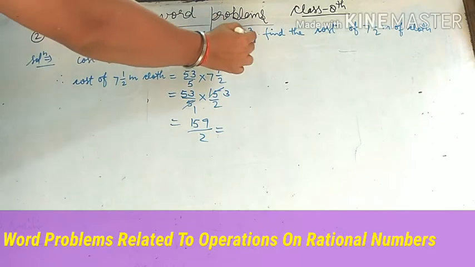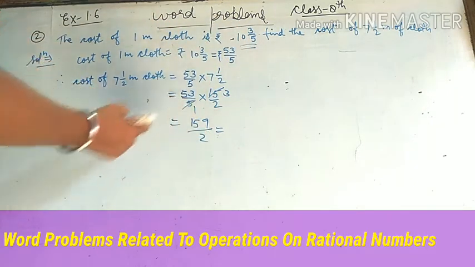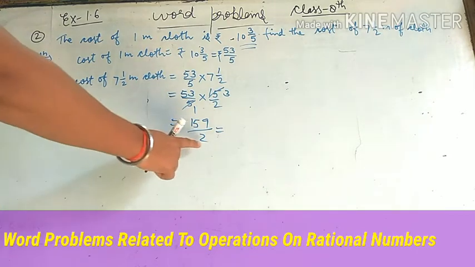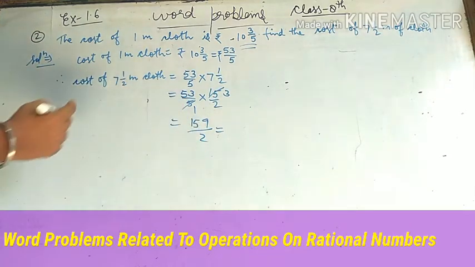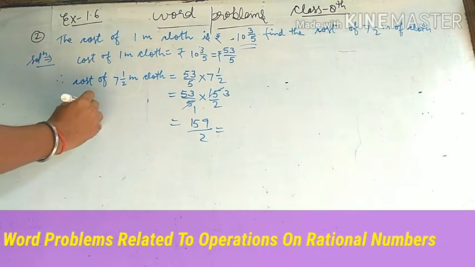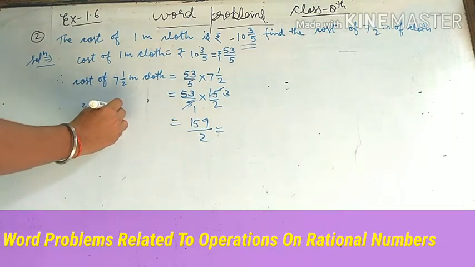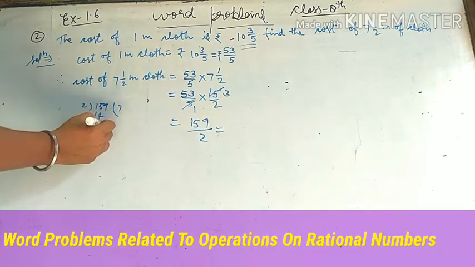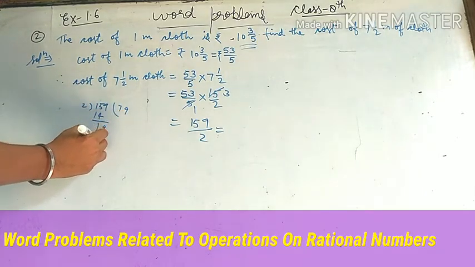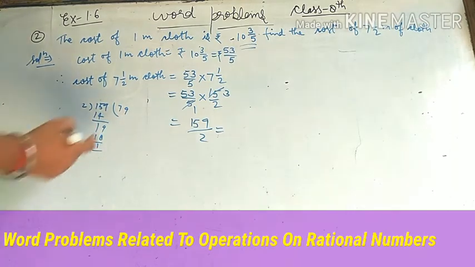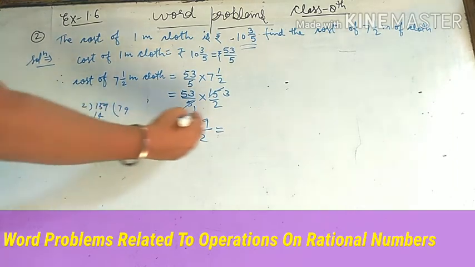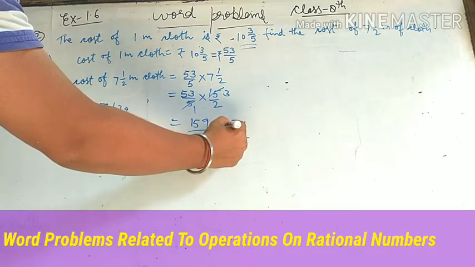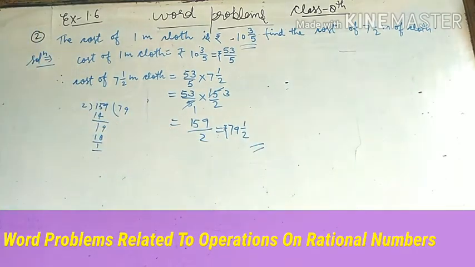The question is in mixed fraction, so we want the answer also in mixed fraction, and for that you have to divide the numerator by the denominator. Roughly, 2 sevens are 14, remaining 1, then 9 will carry, 2 nines are 18, 1 is carry. So 79 complete 1 upon 2. You will write 79 complete 1 upon 2 rupees. This is your answer.